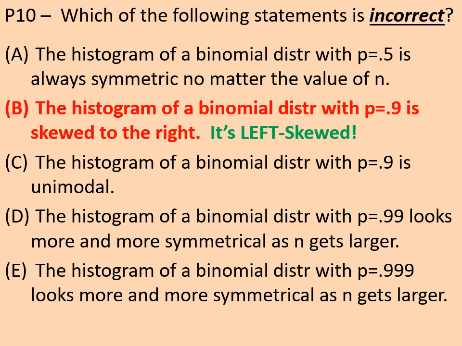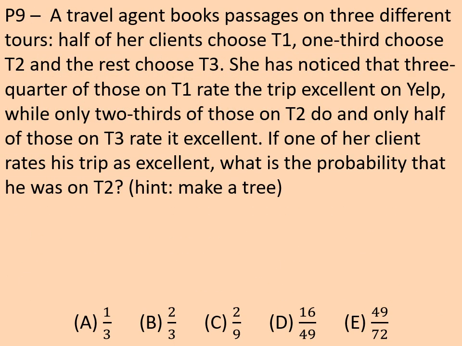P9, a travel agent books passages on 3 different tours. Half of her clients choose tour 1, 1/3 choose tour 2, and the rest choose tour 3.